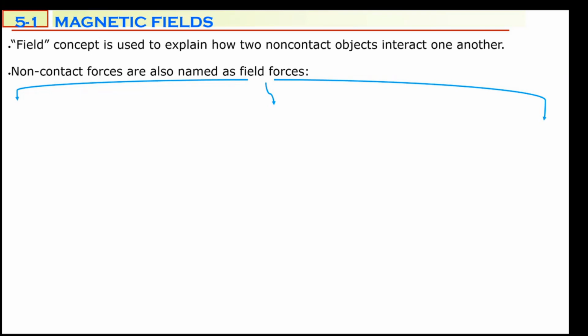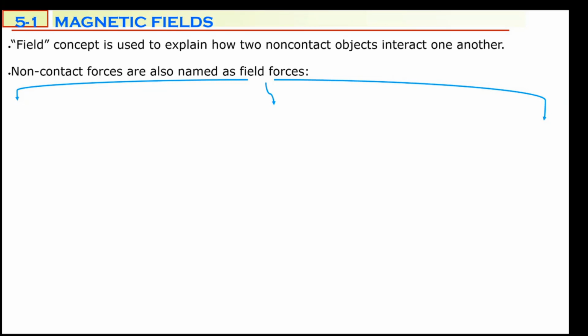For contact forces, the interaction between objects is not so difficult to explain. They are in contact, so we see pushing and pulling. However, it is also possible to see interaction between particles without contact. If two objects are interacting with one another without contact, these are called non-contact forces.